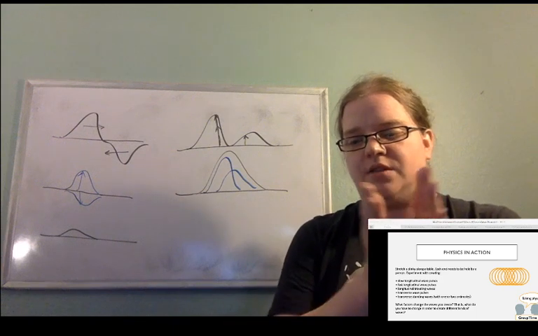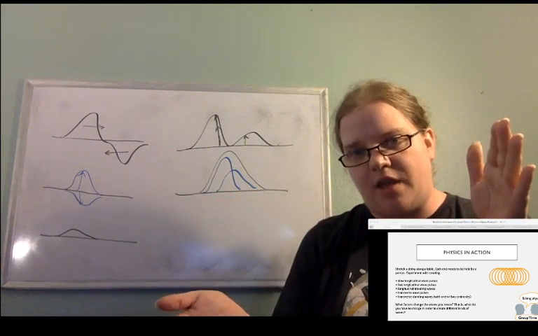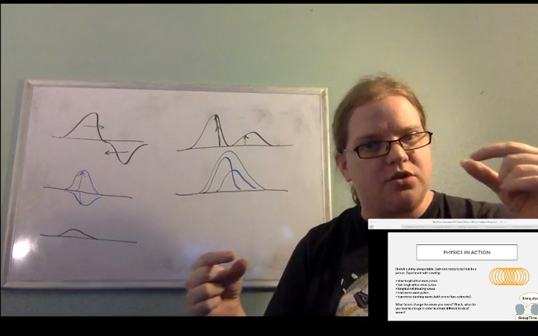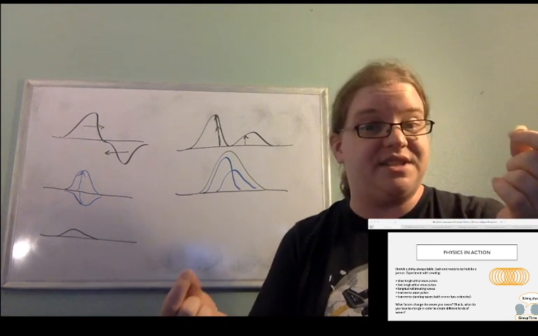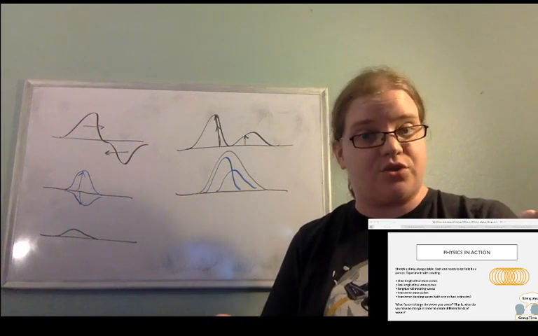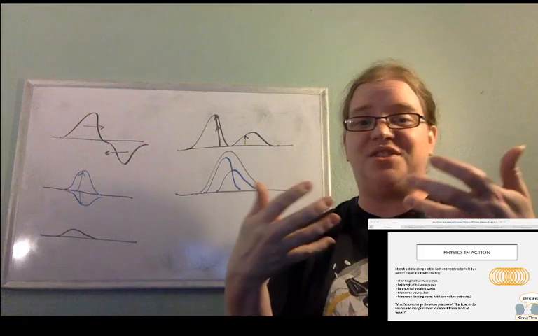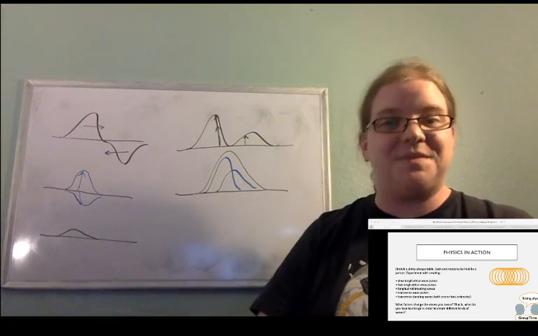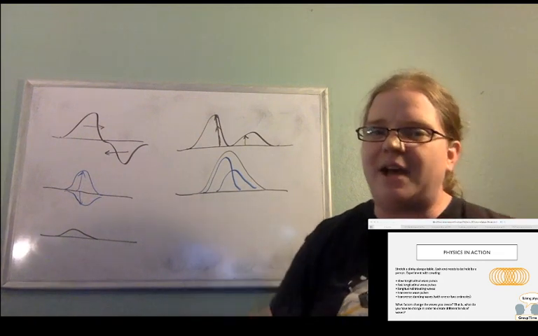You can change the length of the string. That produces different notes anyways. If you want a particular note to be the perfect frequency, you can change the tension. How tight is that string pulled? Because that changes the speed, which will change the wavelength. So that's how that all kind of works.